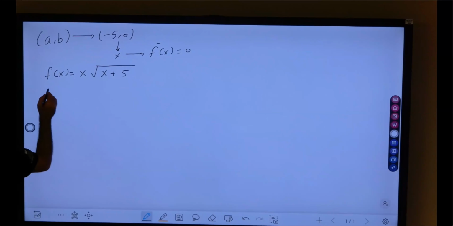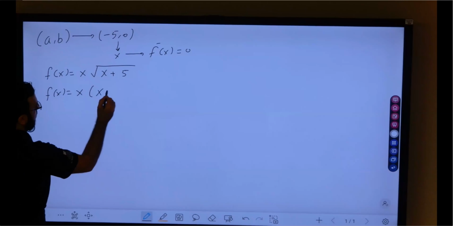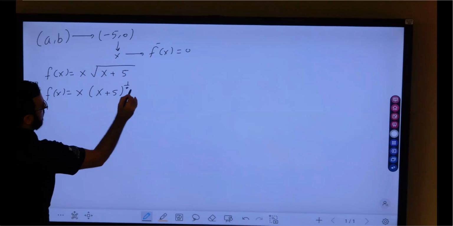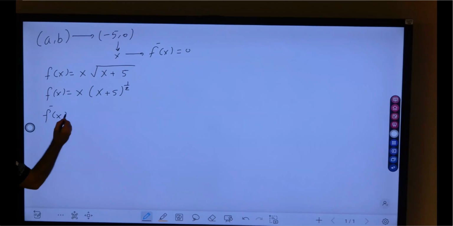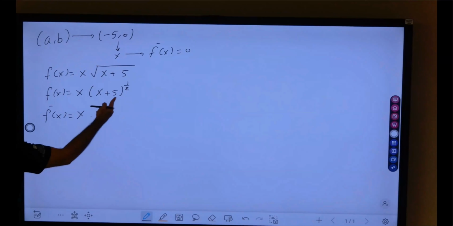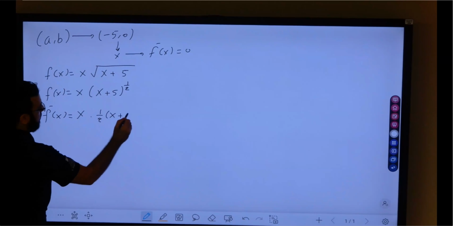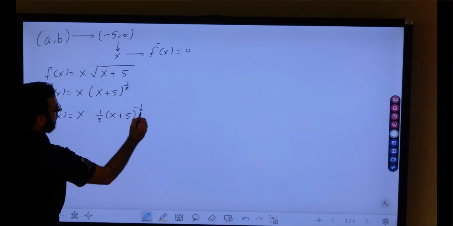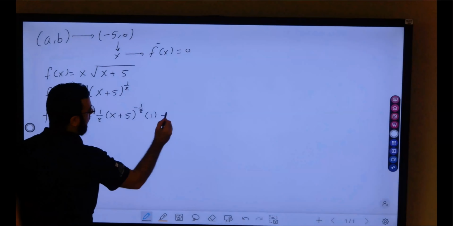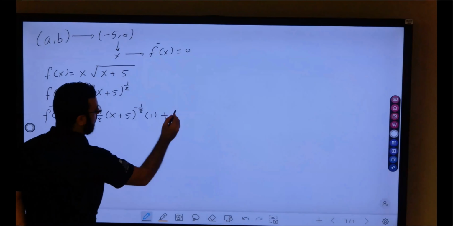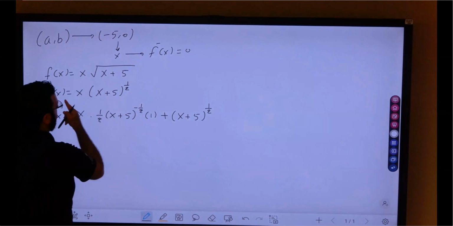The derivative is going to be the first one times the derivative of the second one, the product rule, which is half times x plus 5 to the -half times the derivative of the inside, which is 1, plus the second one times the derivative of the first one.